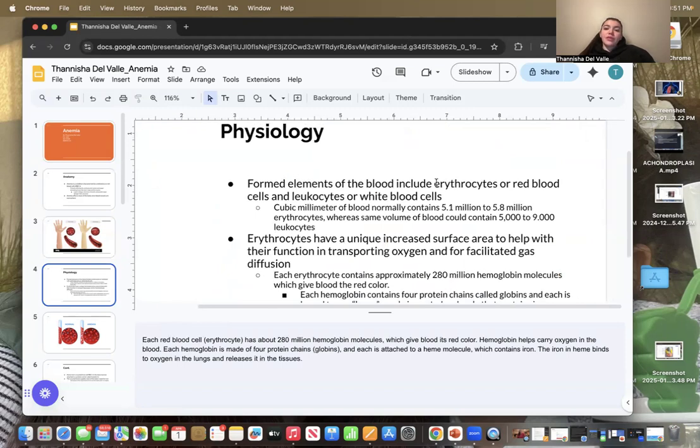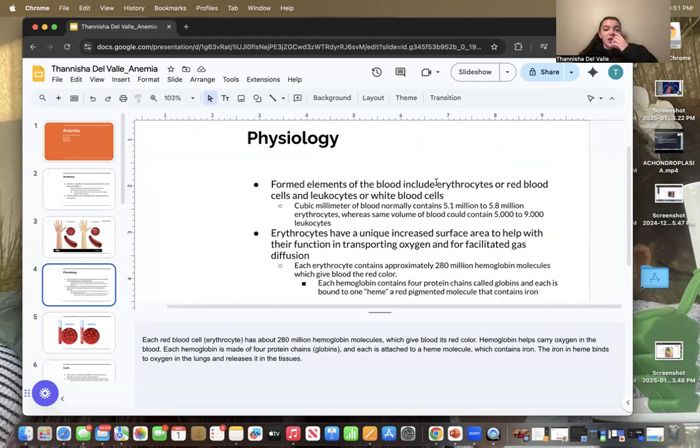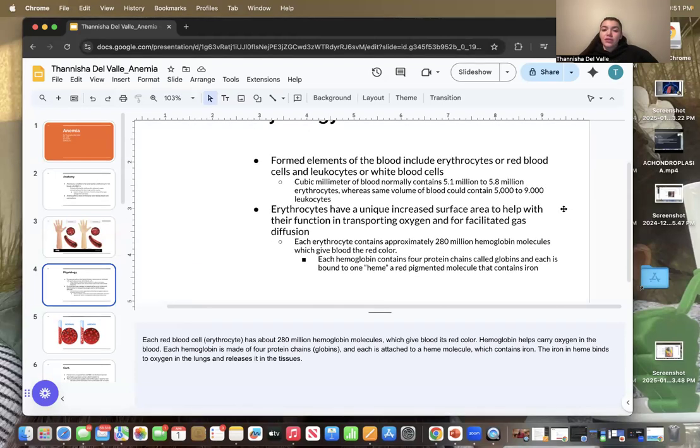So the physiology of this disease: the formed elements of the blood include erythrocytes, or red blood cells, and leukocytes, or white blood cells. Normally a cubic millimeter of blood contains 5.1 million to 5.8 million erythrocytes, whereas the volume for leukocytes is 5,000 to 9,000.